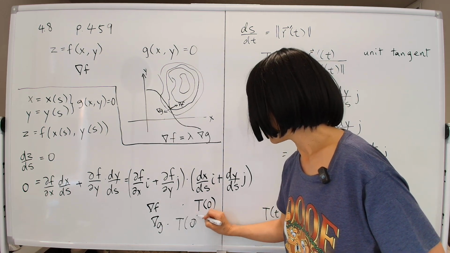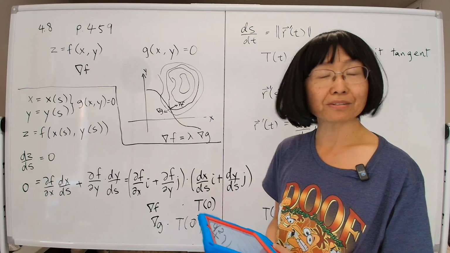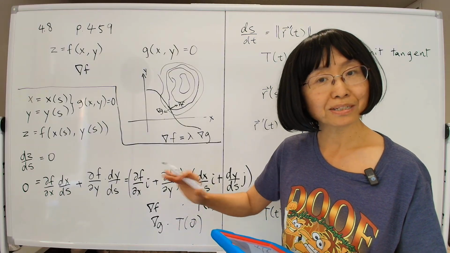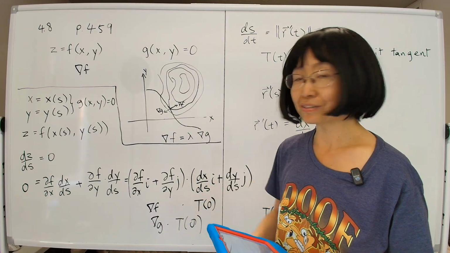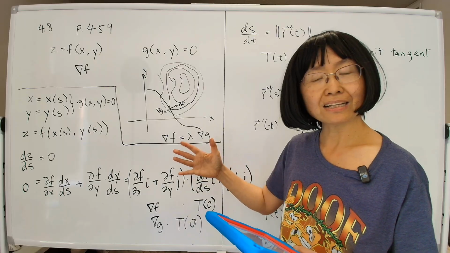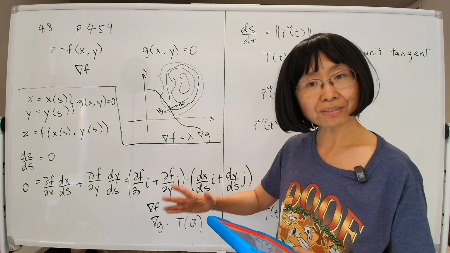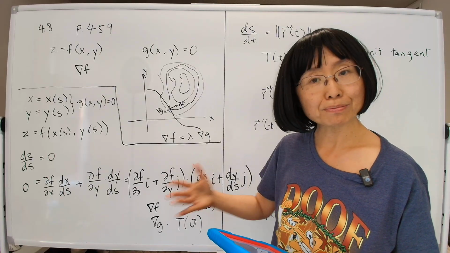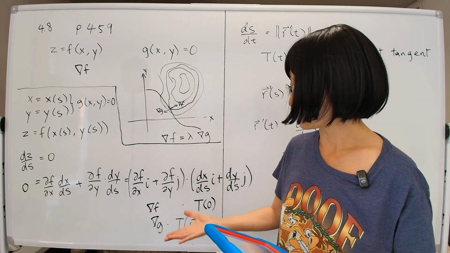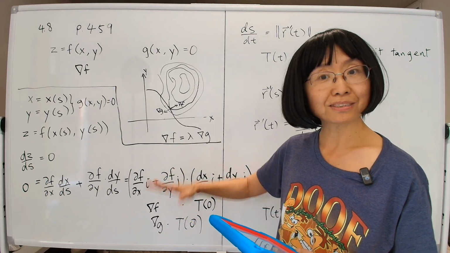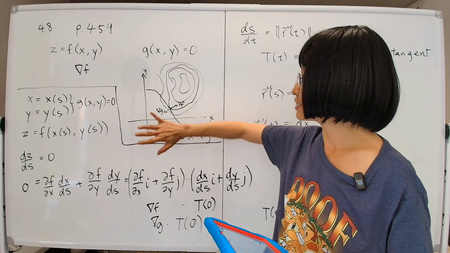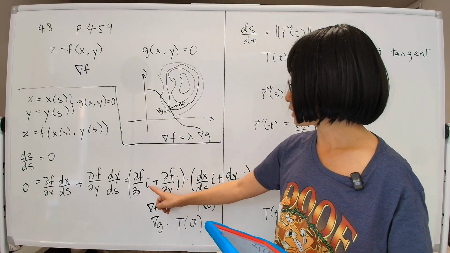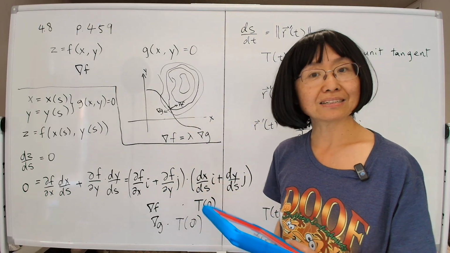Now, the gradient f and gradient g are both on the ground, they are two-dimensional vectors. If they're both perpendicular to something, the tangent, then they have to be parallel. There's no other way because they can't get out of the ground level. They only have i and j as their vectors.